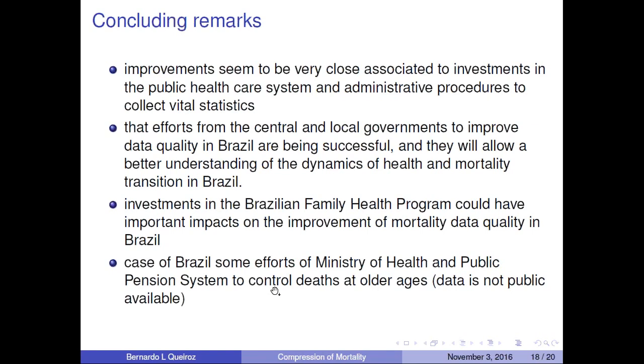And some people were trying to get this data for a really long time to study mortality at older ages, because supposedly they can match the vital records with public pensions to improve the quality of mortality data at older ages.